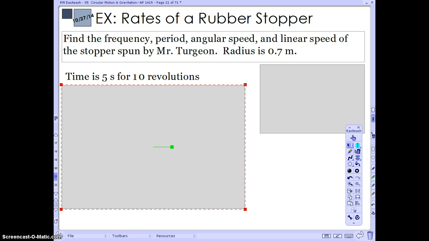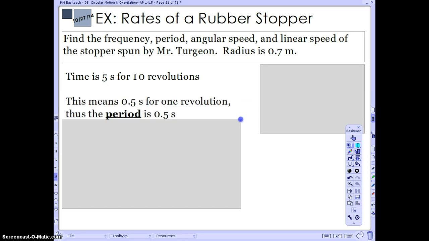So right away you look at that and you say, well, I know that it's going to take half a second for each revolution. And I know that it's going to make 2 revolutions every second. So now it's a question of vocab and terminology. It takes 0.5 seconds for 1 revolution, so we call that the period.